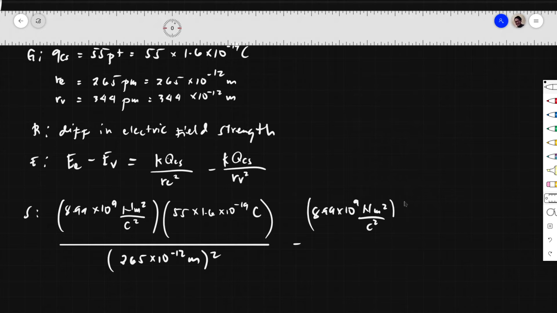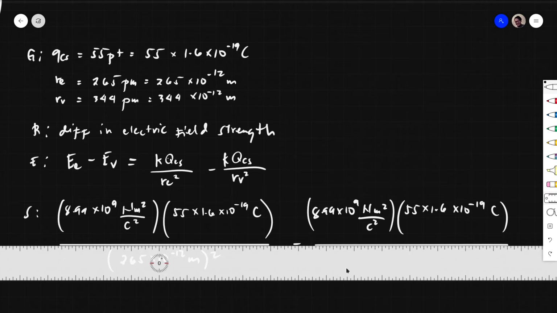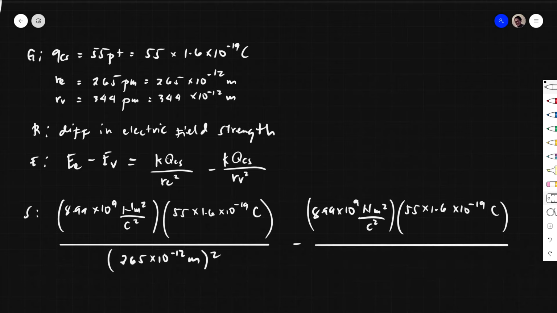Okay, multiplied by 55 times 1.6 times 10 raised to negative 19 coulombs, correct? Then we're going to use our ruler again. Okay. Divided by, now we can hide this.